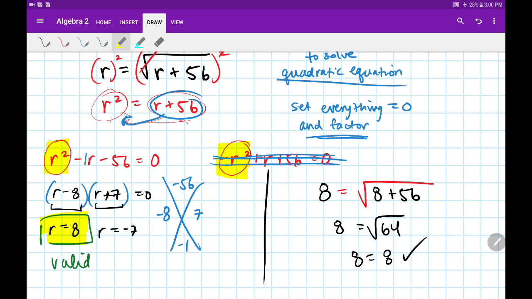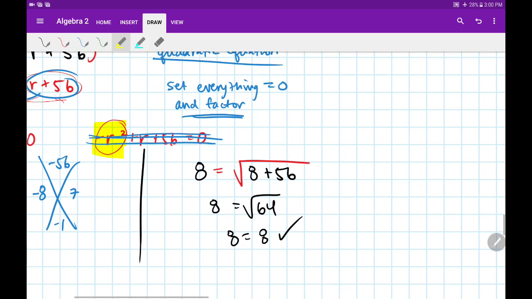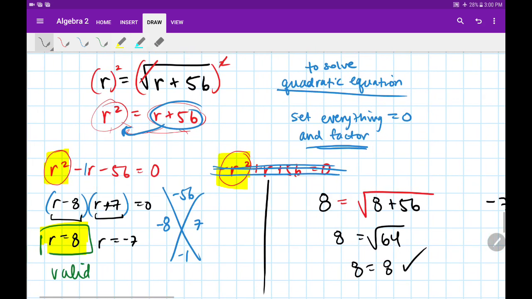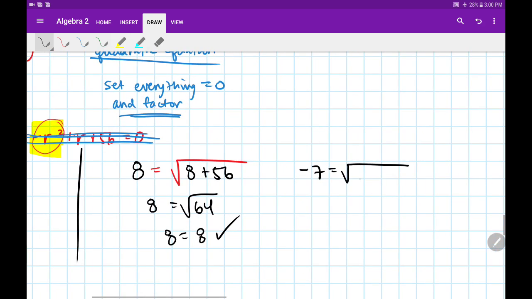Now let's try r equals negative 7. So I have negative 7 equals the square root of negative 7 plus 56. Alright, so negative 7 plus 56 is 49.